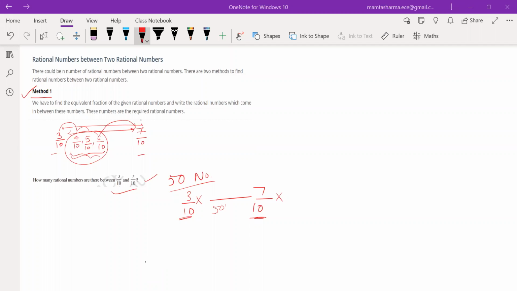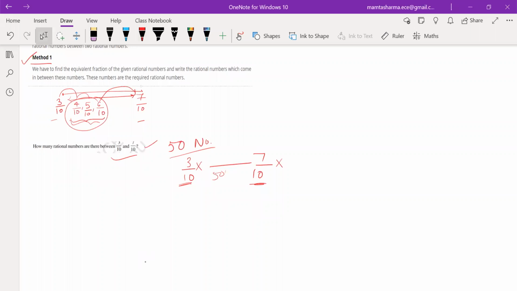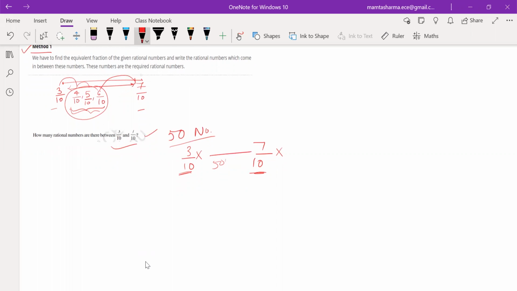So what we will do is find the equivalent fraction of the given rational numbers and then write the rational numbers which come in between these two numbers. First write the equivalent rational numbers of these two. Now see, if I multiply this rational number by 10 by 10, here you have to multiply with the same number. Why?